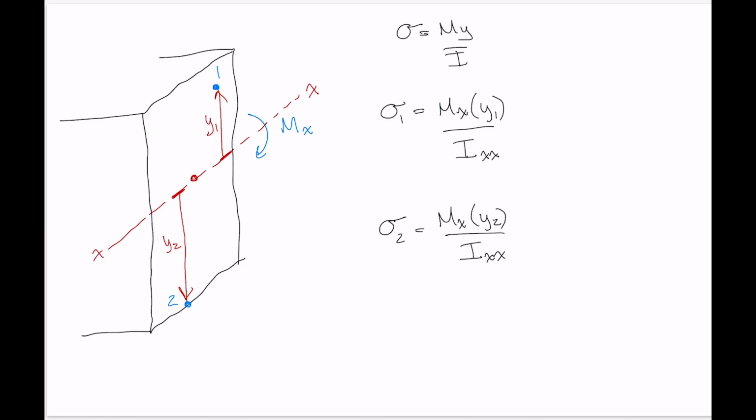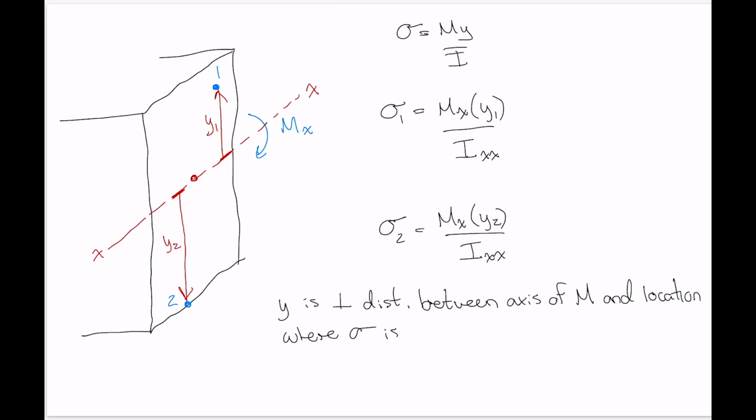So again, M is the internal moment of interest. y is the perpendicular distance between the axis of M and the point where you want to calculate the stress. Let's write that down. y is the perpendicular distance between the axis of M and the location where sigma, our stress, is desired, right?